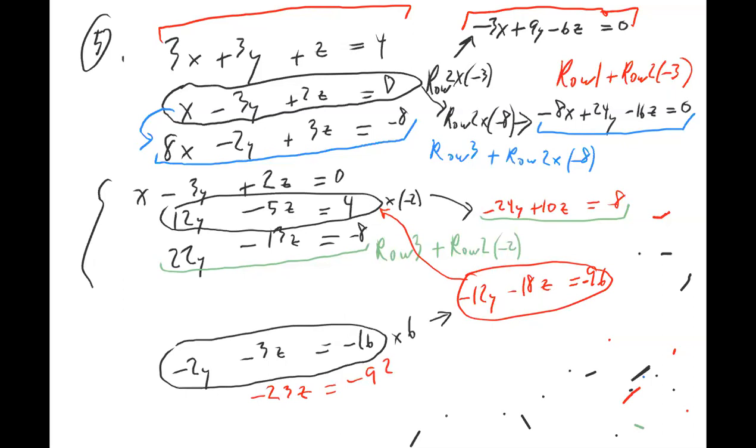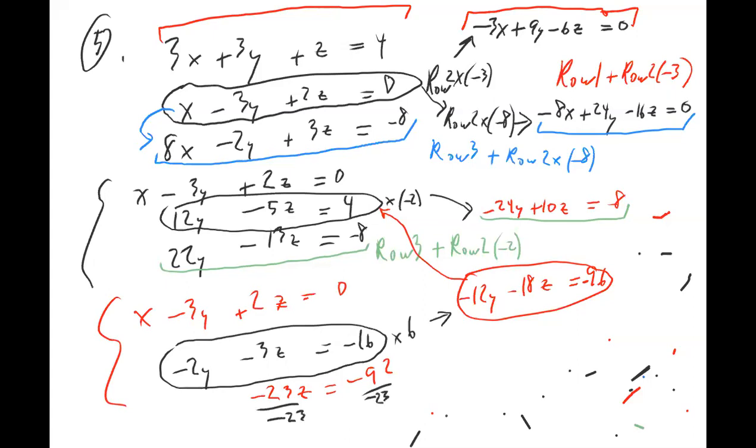Now, the top row is x minus 3y plus 2z equals 0. So I've got a new system of equations like that. But this is almost solved now, because I can divide the last equation by -23 on both sides.